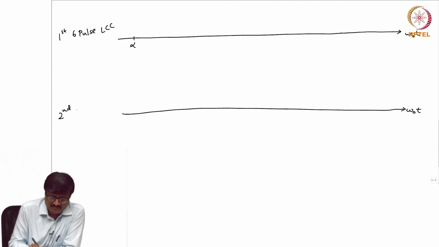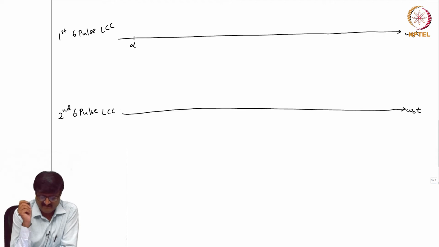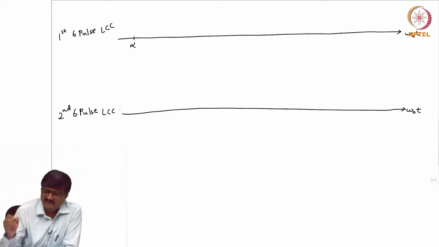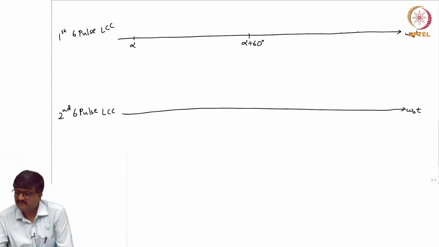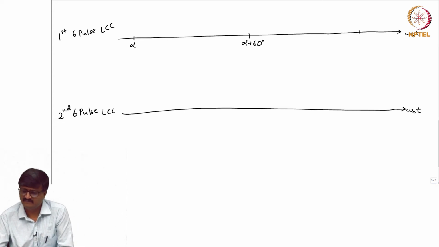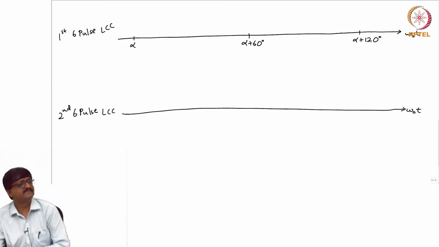I also show what are the valves that conduct in the second 6 pulse LCC. Suppose this is alpha plus 60 degrees, and alpha plus 120 degrees.